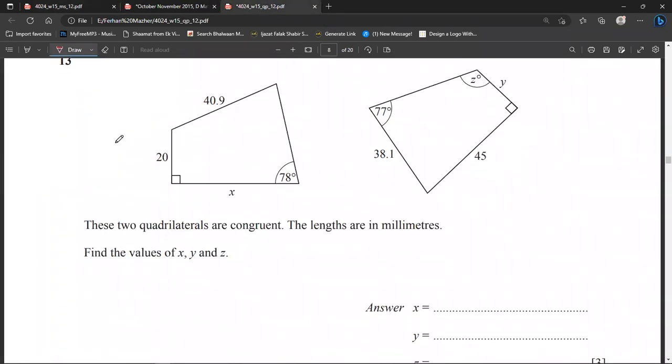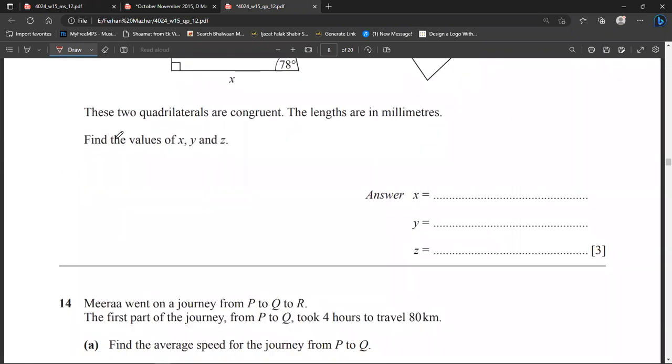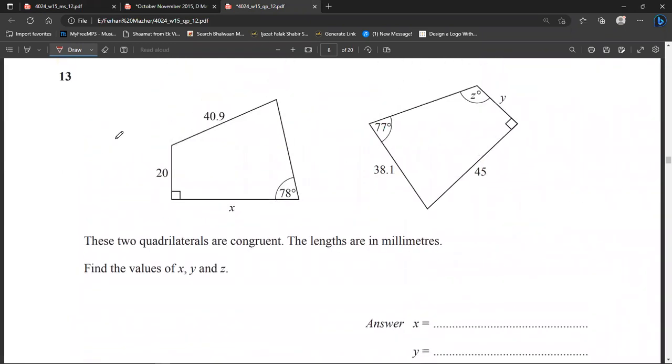The next question is question number 13, which is a 3 marks question. He says these two quadrilaterals are congruent. The lengths are in millimeters. So find the value of the x, y, and z. Okay.